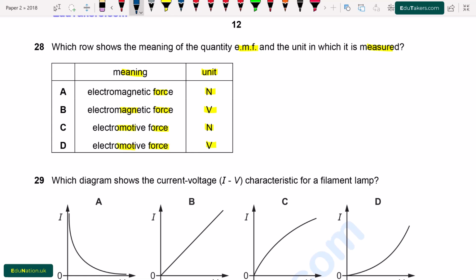Basically, electromotive force is the work done on the charges. Electromotive force is not a force, but it is a potential, due to which its unit is volt. So option D is correct, which shows that electromotive force and the unit is volt.